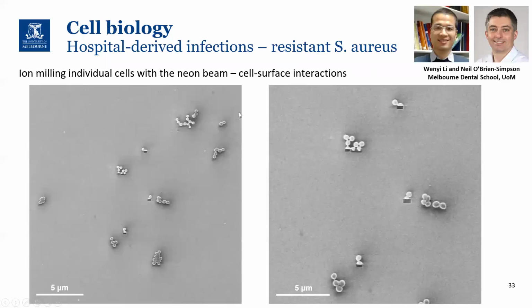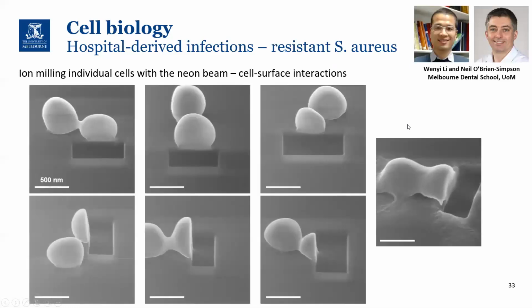So here we have some top-down views of the Staph aureus cells, and you can see these little rectangles that have been drawn onto the images here. This is where we've taken the neon beam and now created a pit right over the top of one of these cells. So we were looking to see whether or not we could identify anything happening at the surface, the interface between the cell and the polymer surface here.